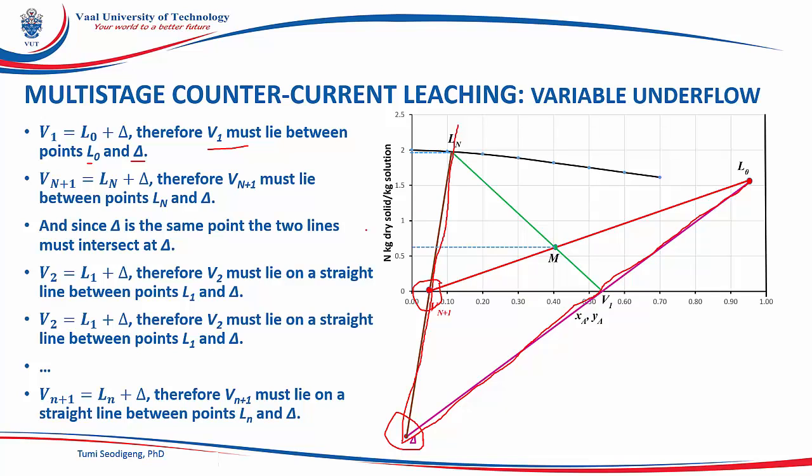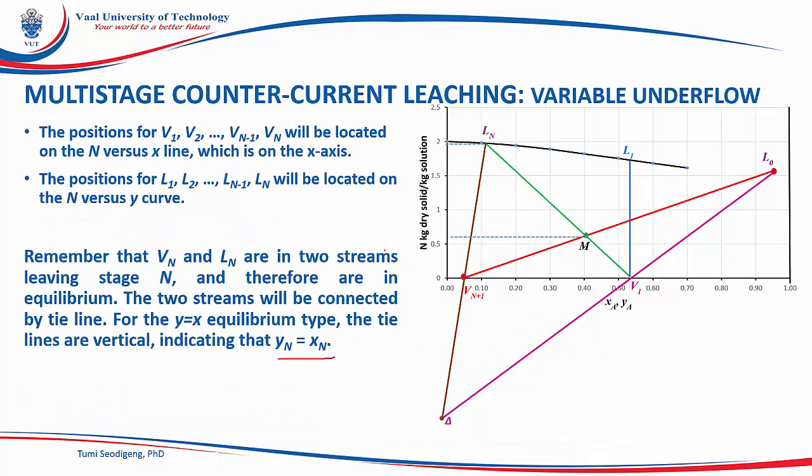This will carry on for Vn plus 1, which will lie on a line that's connecting Ln and delta. You will see this as we start to build on stage-by-stage calculations in the next few slides. The general point to take forward here will be that all the lines connecting the 2 passing streams will have a common intersection at the operating point delta.